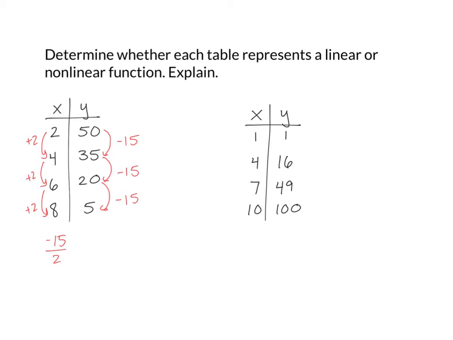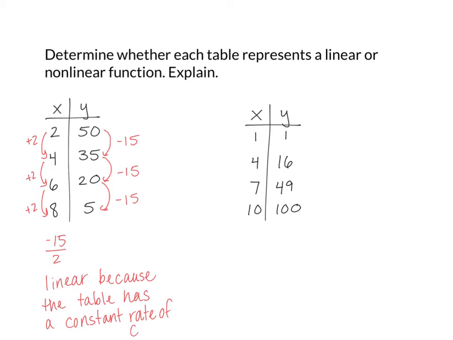So this table represents a linear relationship. So it's linear because it has a constant rate of change.